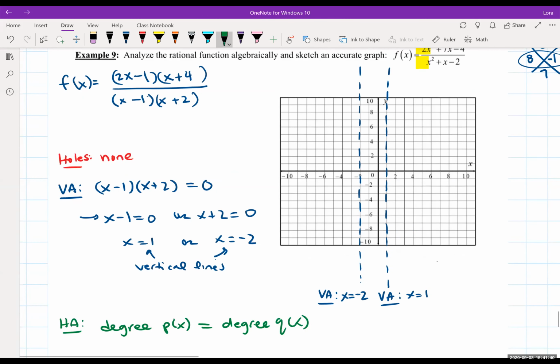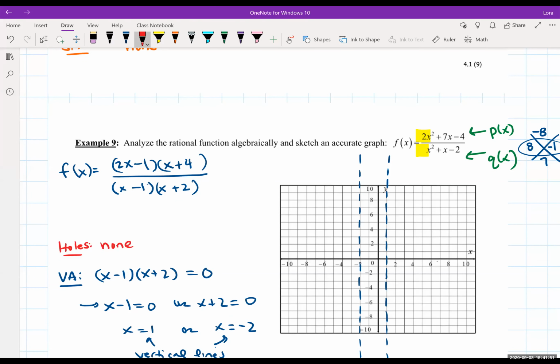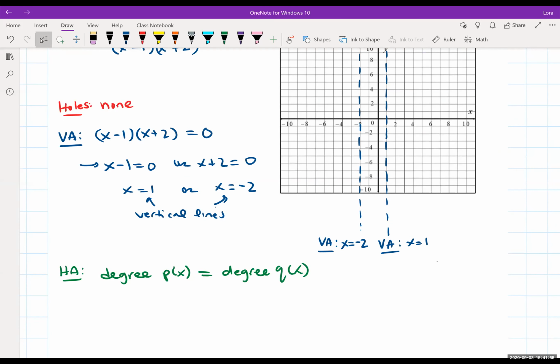And again, remember p of x is the polynomial in the numerator, q of x is the polynomial in the denominator. In both cases, their degrees are equal. They're both 2. So that means we do have a horizontal asymptote.